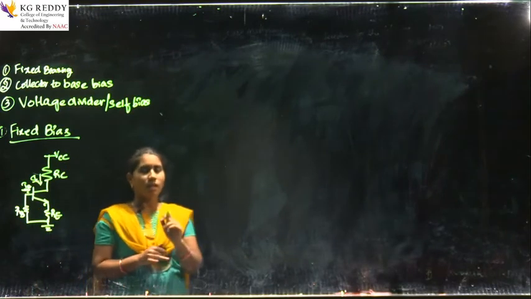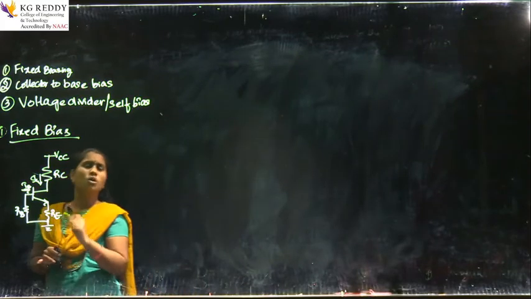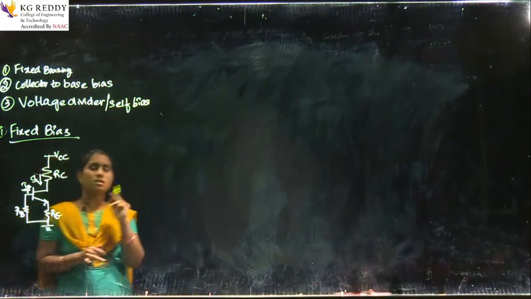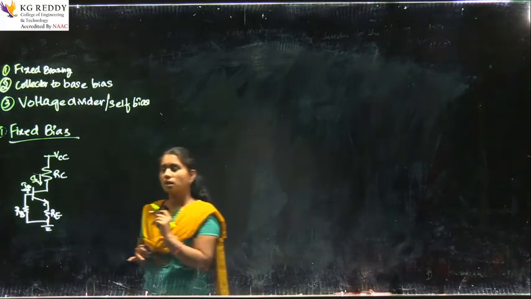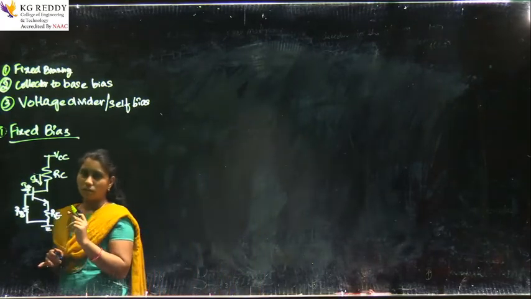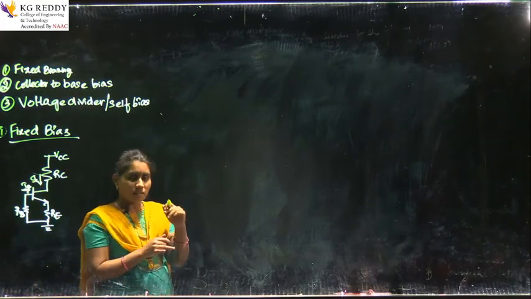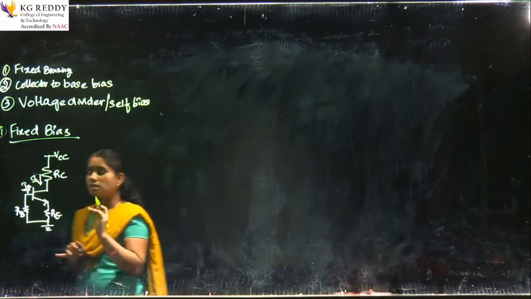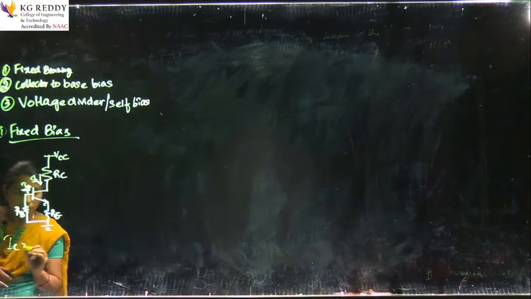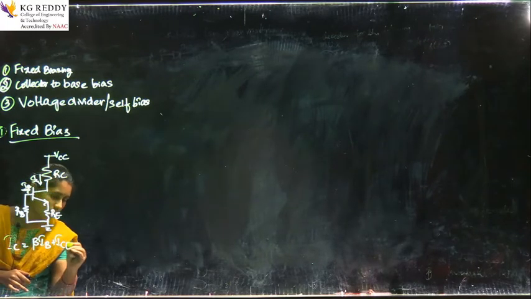But there are two main disadvantages in this fixed biasing method. The first one is that due to temperature, thermal stability would not be there. Means what? As the temperature rises, as we already know, IC equals beta IB plus ICO.